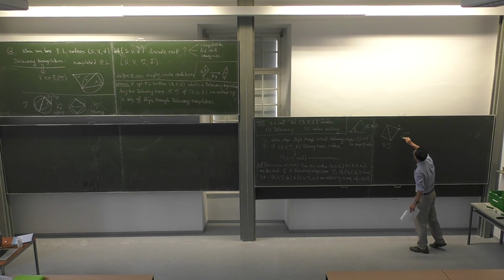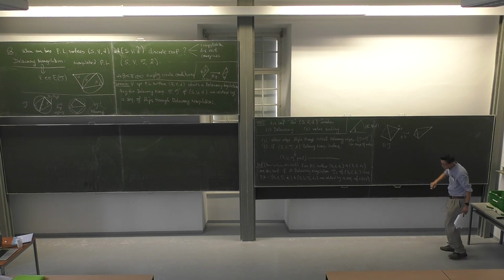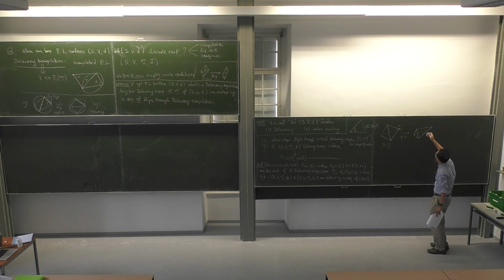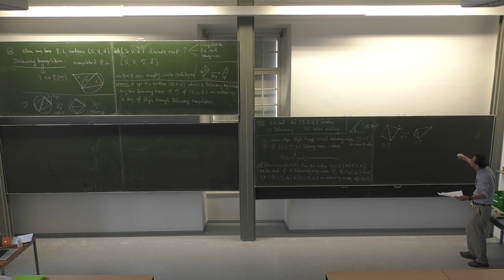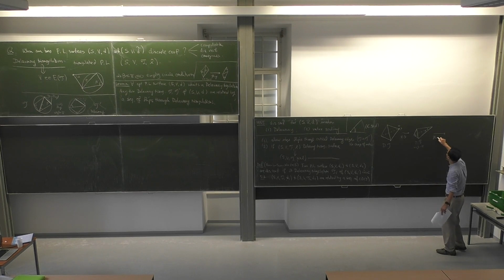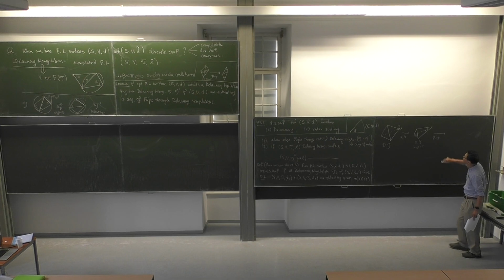We perform a vertex scaling and make all edges through that vertex scaled by the factor. But you're not allowed to do it too much. This has to be a Delaunay triangulation again. So at a certain stage of this stretching, you may run into a situation, for instance, where these two angles are critical Delaunay, alpha plus beta equal to pi. Then you are allowed to do a flip, which does not change the metric, but does change the triangulation.